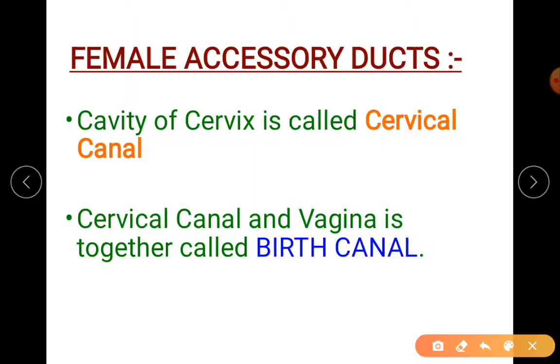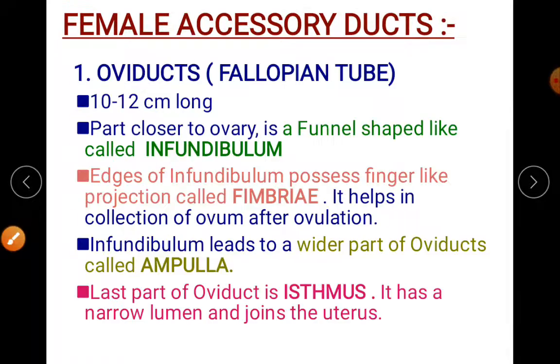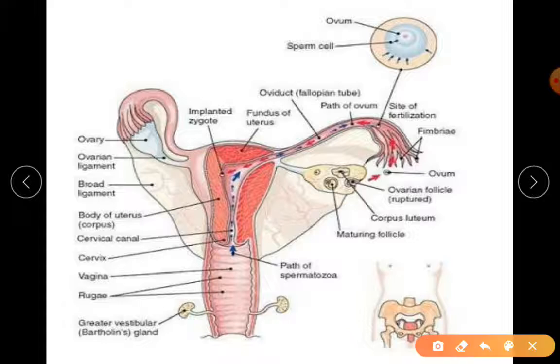The cavity of the cervix is called the cervical canal. The cervical canal along with the vagina is together called the birth canal. So you all understood now why it is called the birth canal. That is the region where the birth or the delivery of the baby occurs. So the cervical canal, not cervix, and the vagina together are called the birth canal.